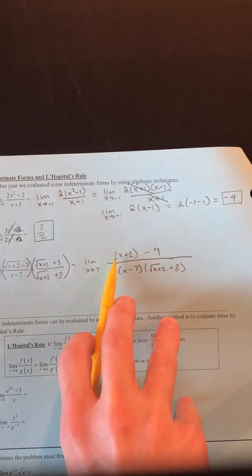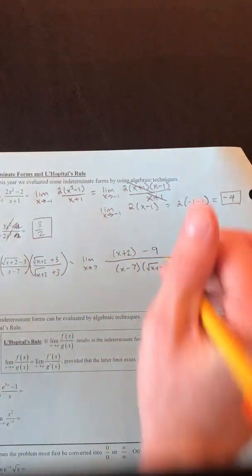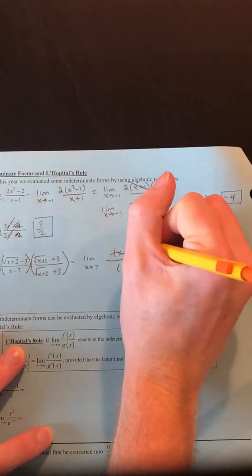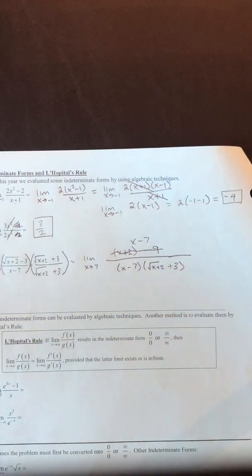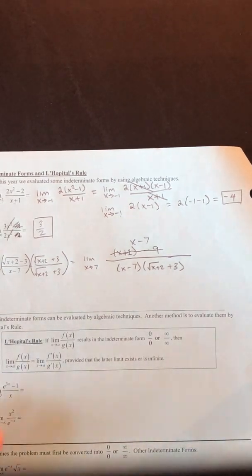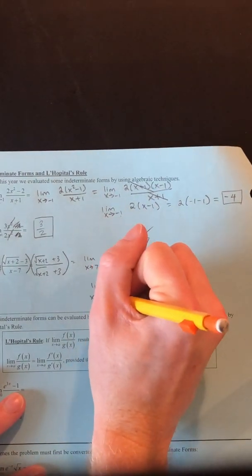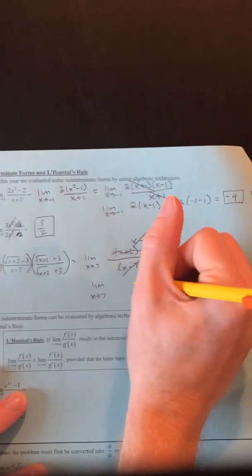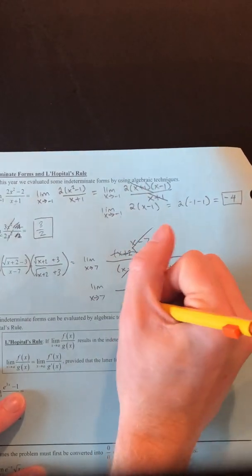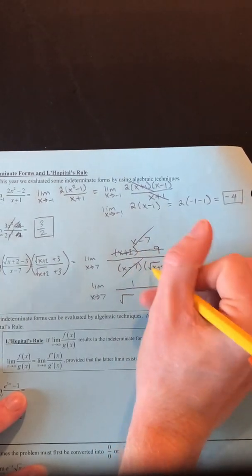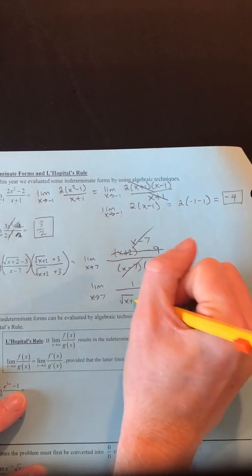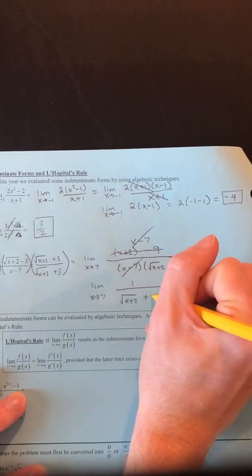However, x plus 2 minus 9 is the same thing as x minus 7. So it doesn't initially look like it's going to match, but once you combine the like terms, the positive 2 and the minus 9, you'll see that you have some stuff that reduces, and then I'll have this limit. As x is going to 7, you have 1 on the top, and all that's left over in the bottom is this bottom right chunk, the conjugate of that original radical term.